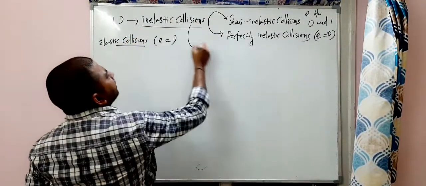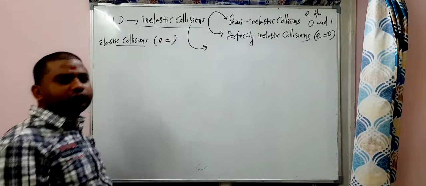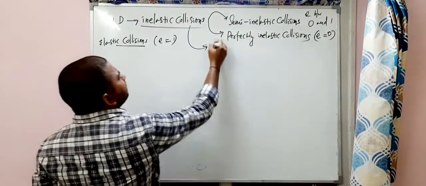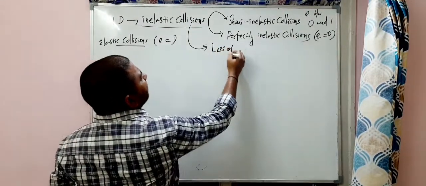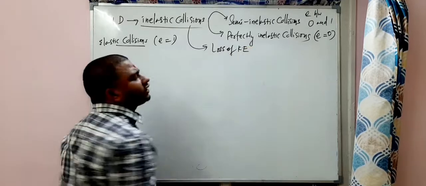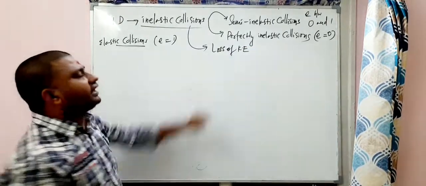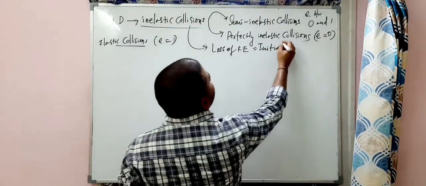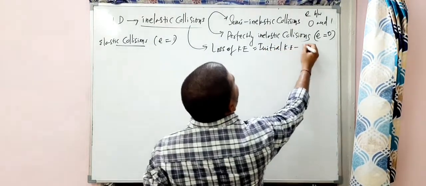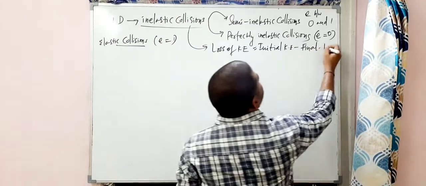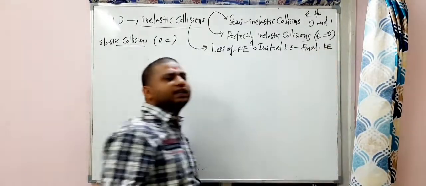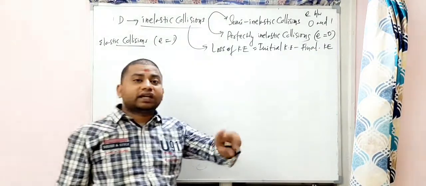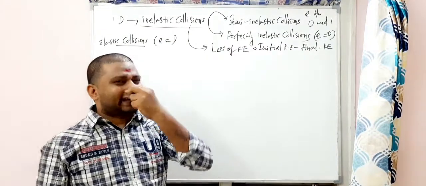In inelastic collisions, you must remember one point: there is a loss of kinetic energy during the collision. The loss of kinetic energy is the initial kinetic energy minus the final kinetic energy. Change in kinetic energy is different and the loss in kinetic energy is different.